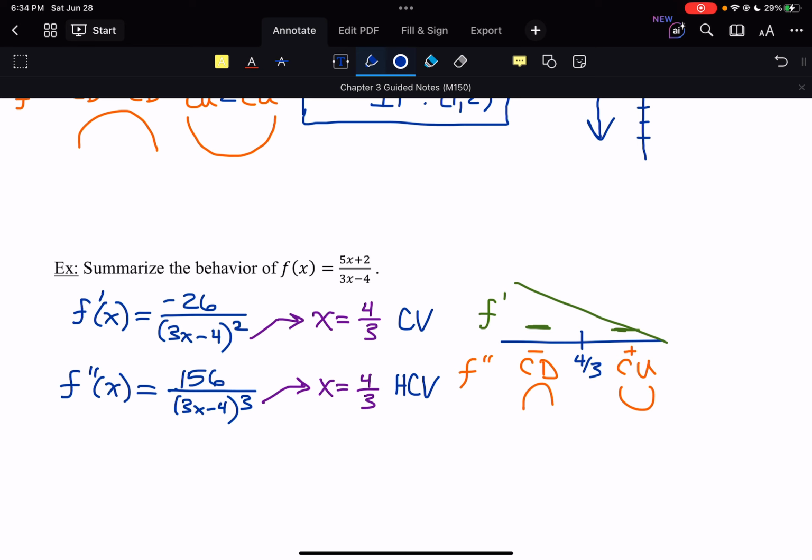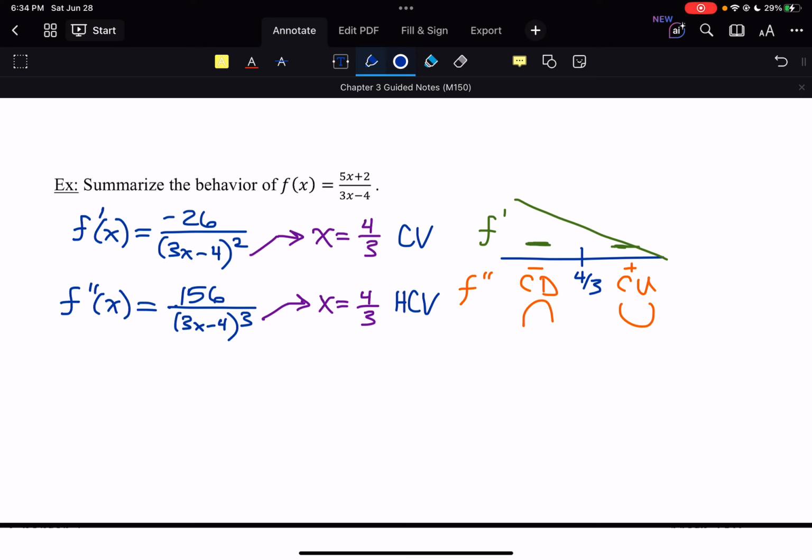However, this function is rather unique. If you try to find where that point is to get that inflection point, we're not going to be able to do it because if you plug in 4/3 into the function, you end up getting a denominator of 0. So it turns out that f of x does not exist at x equals 4/3.